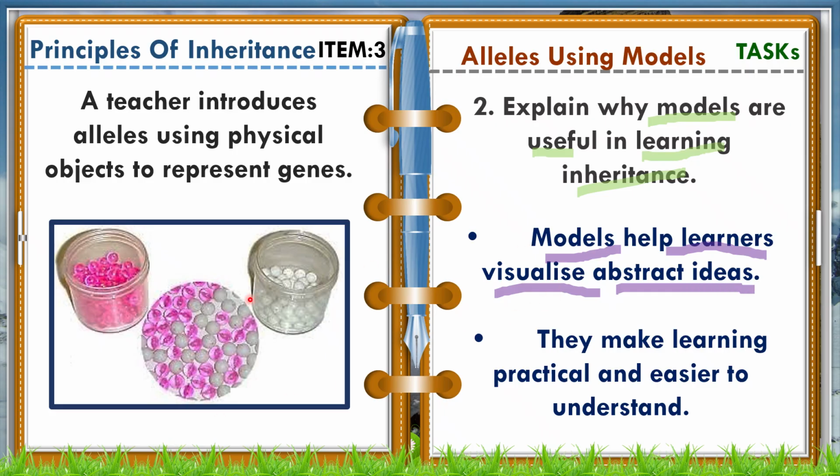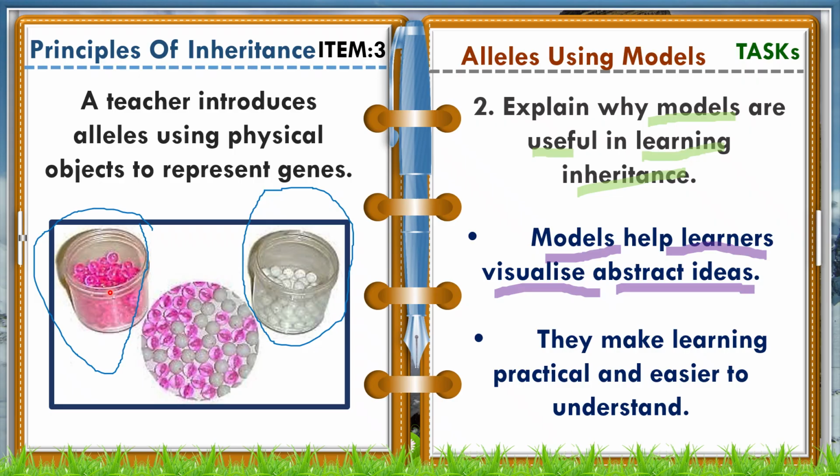When you are using a model, it helps the learner to observe something which we are explaining, which is abstract, which is not seen. For example, when we talk about genes, genes are not visible.